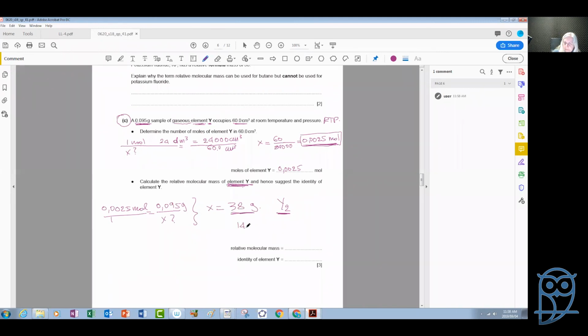It's 19 grams. Hmm, I think that this is nitrogen, because the relative atomic mass of nitrogen is 14.